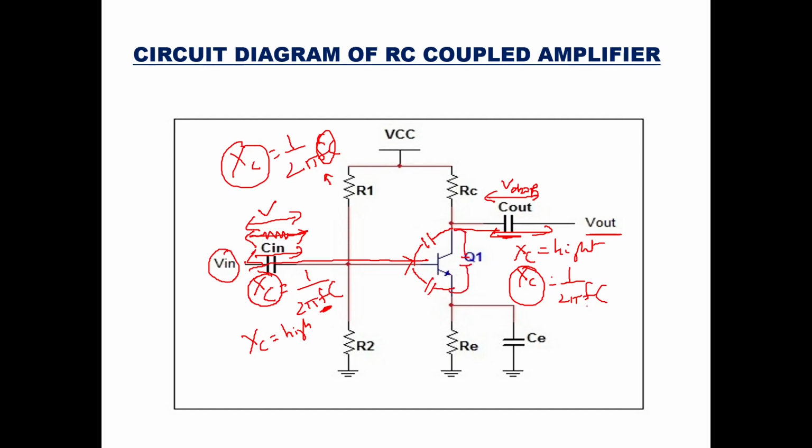So this is a capacitance between base and collector, this is the capacitance between base and emitter, and this is the capacitance between collector and emitter.